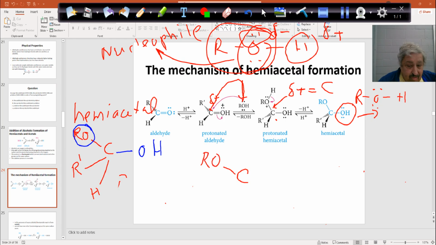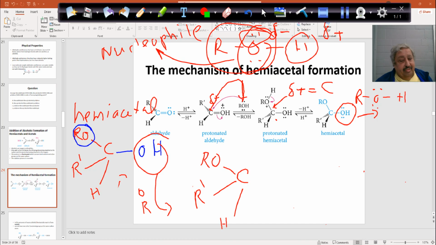That's from alcohol, R prime, H. Then this one here is converted to another because you add another OR, correct? So you get another OR.